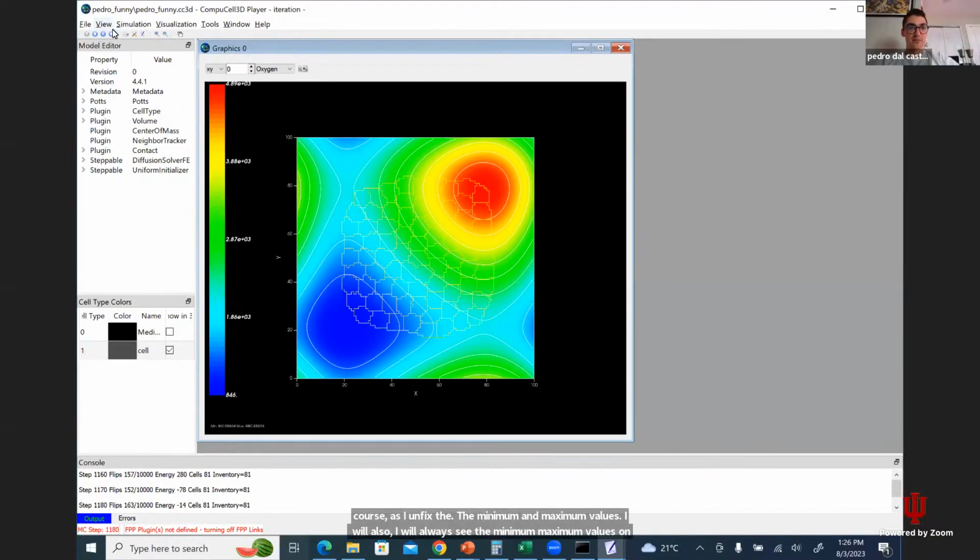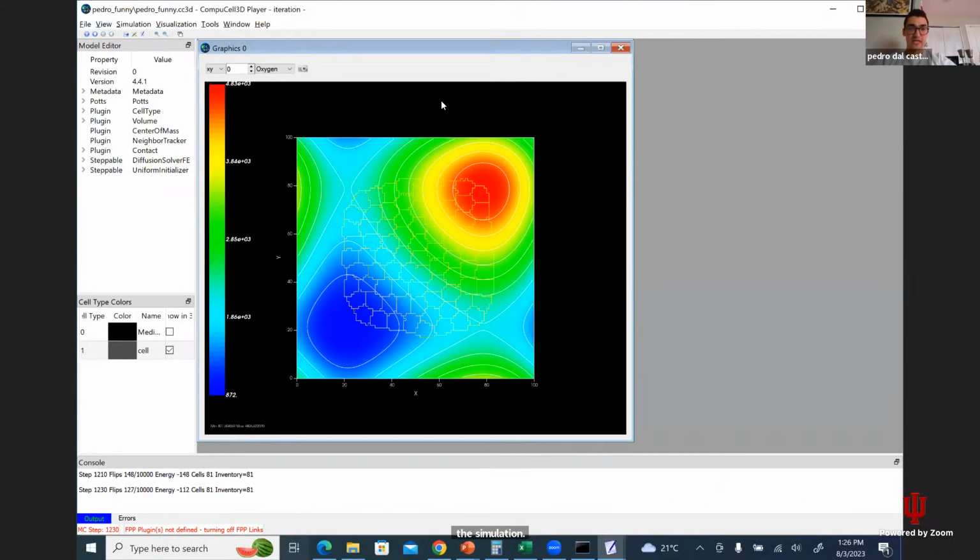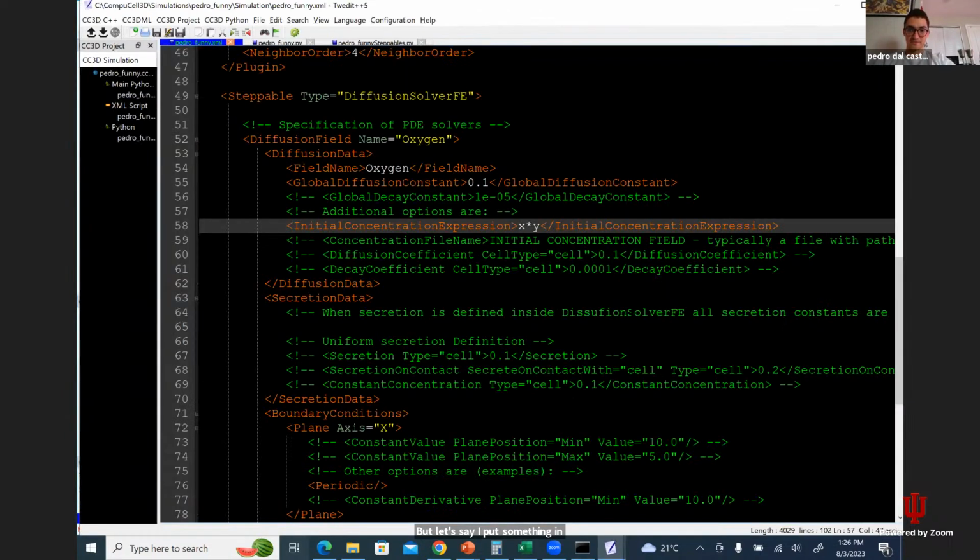But let's say I put something in the initial condition like a Gaussian. So let's type a Gaussian here. So x squared plus y squared, and I want to center it at, let's say, 50.